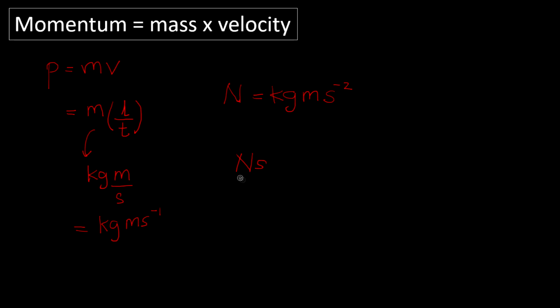How is that possible? Alright, so we try to derive. Now you know already that Newton is kg m s negative 2. This is Newton, right? So just add in s behind, times s here. If there is no number here, it means that this is 1.